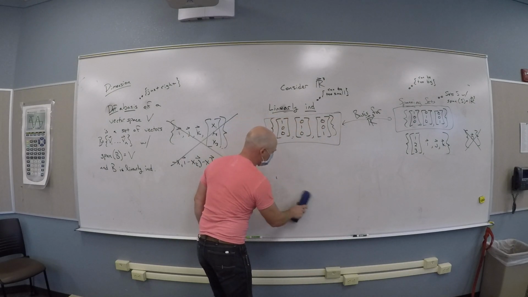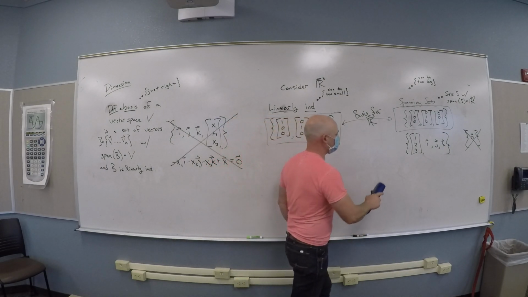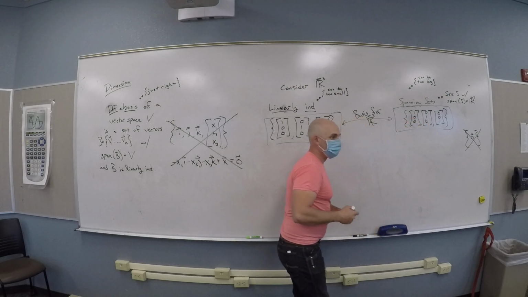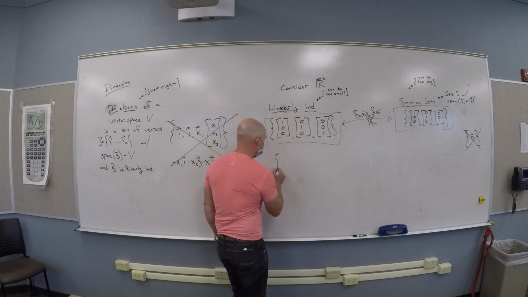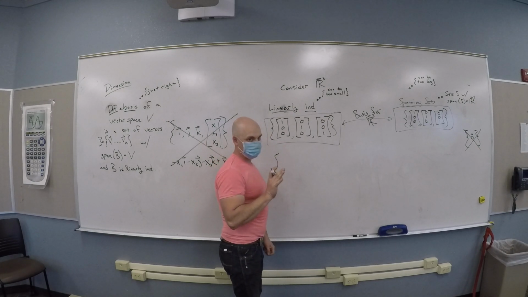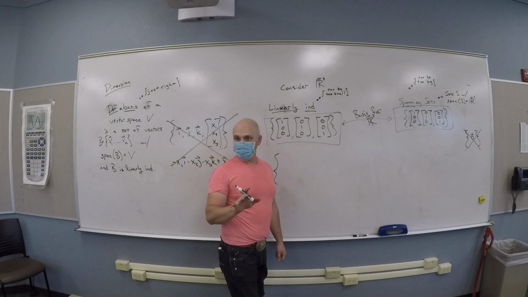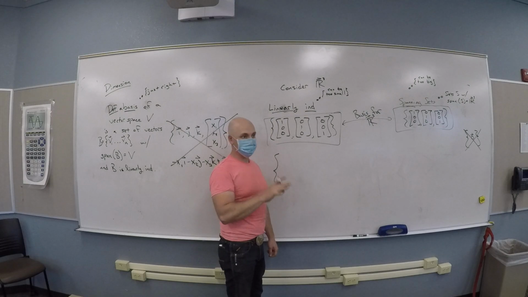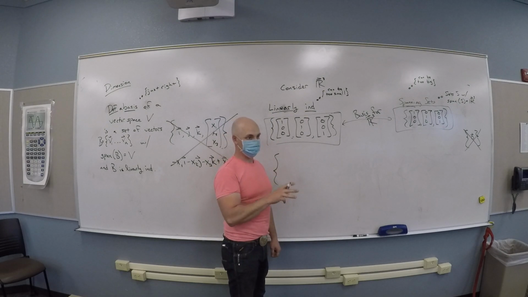So, I need something that's linearly independent and spanning, right? Here's a set. Let me back up to how I'm constructing this in my head. I'm looking for a matrix that has 3 pivots when it's reduced.